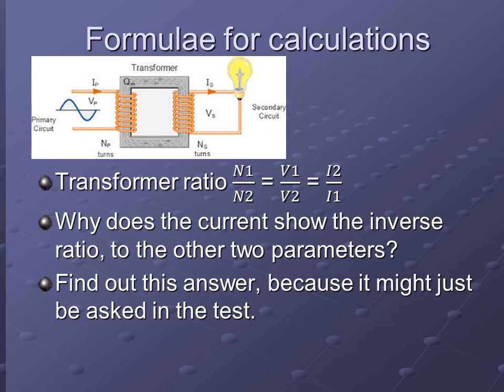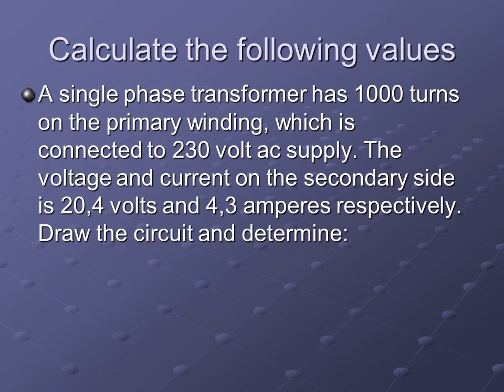Now let us do the following exercise. A single phase transformer has 1000 turns on the primary winding, which is connected to a 230 volt AC supply. The voltage and current on the secondary side is 20,4 volts and 4,3 amperes respectively.